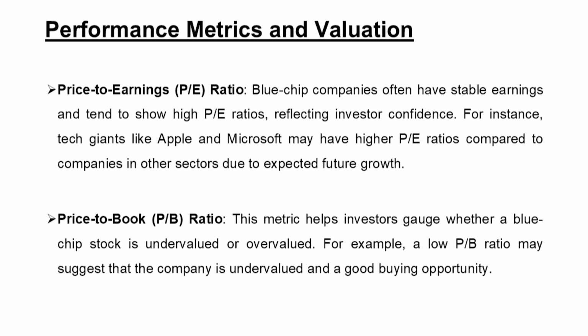If a high PB ratio is there, that means the company is overvalued, and in such cases there may not be a good buying opportunity, and if you are holding the shares, you must sell those shares in the financial market.